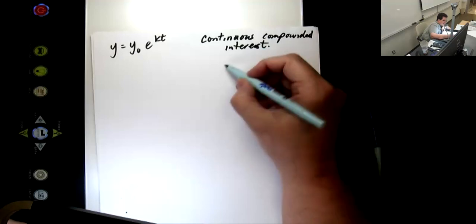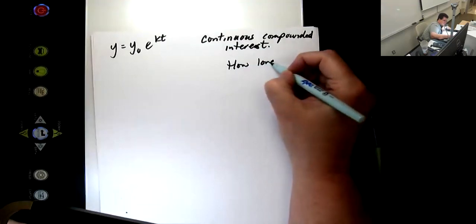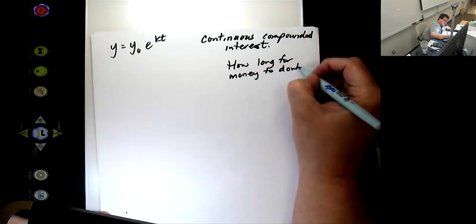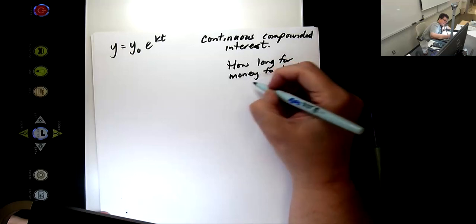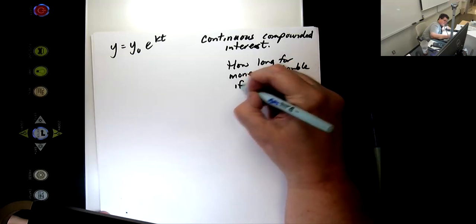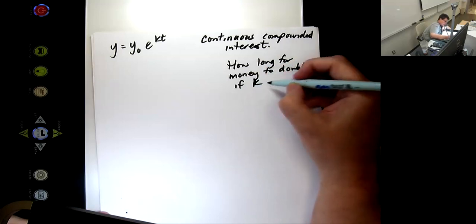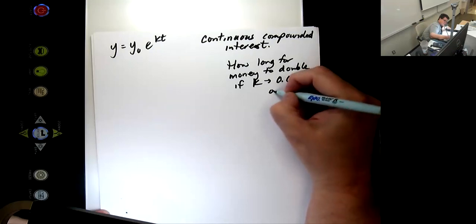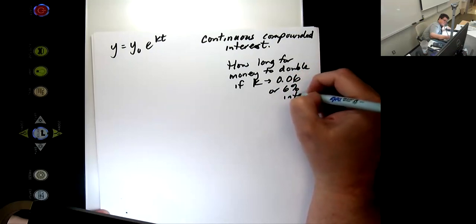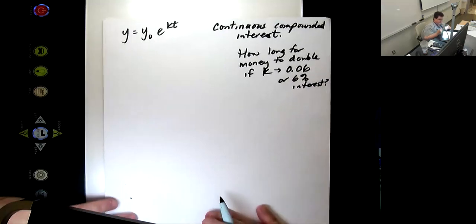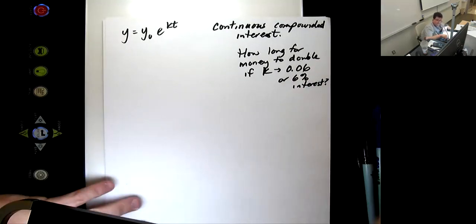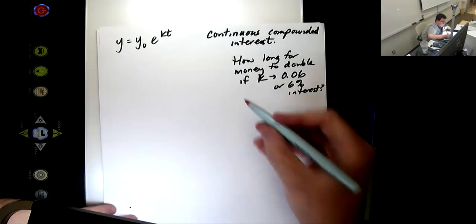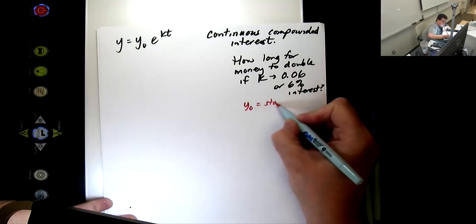So how long for money to double? At continuously compounded, if k is our interest rate, k is 0.06 or 6% interest. Where y naught is your starting value, your principal.